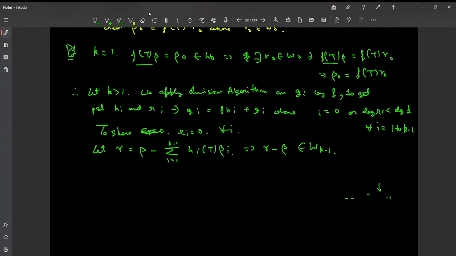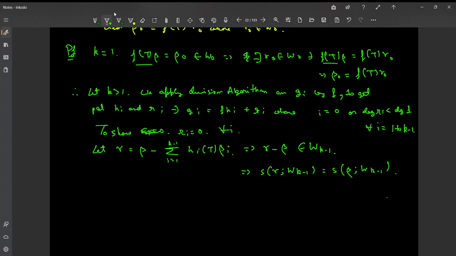So gamma minus beta is in W_{k-1}. Clear? So if gamma minus beta is in W_{k-1}, from the observation which we had done in the previous class, the last observation we were talking about, this typically means that the T-conductor of gamma into W_{k-1} is equal to the T-conductor of beta into W_{k-1}.